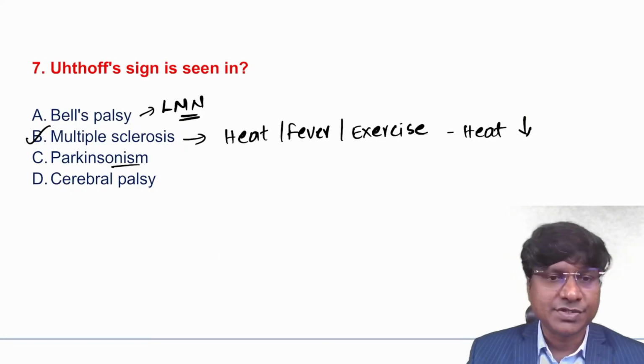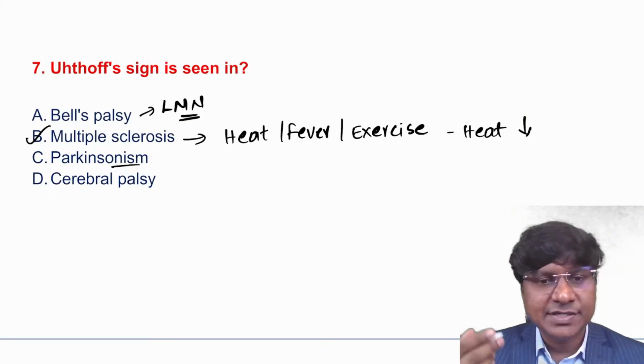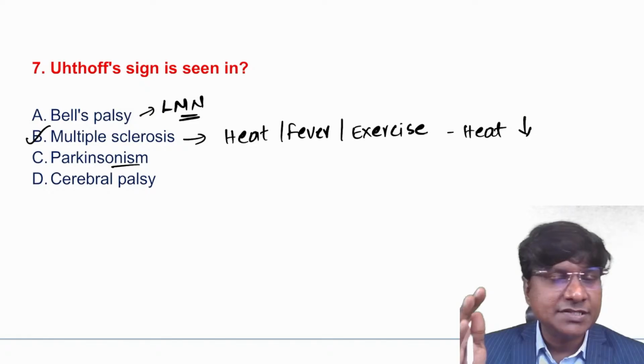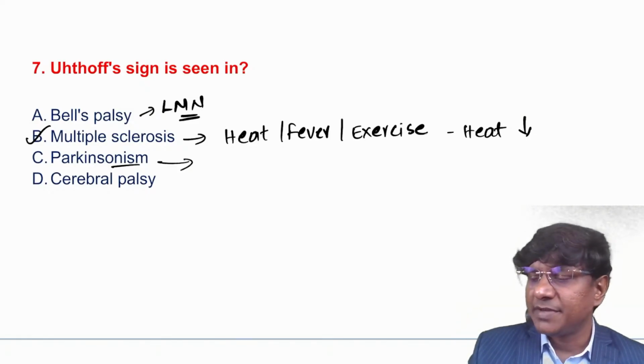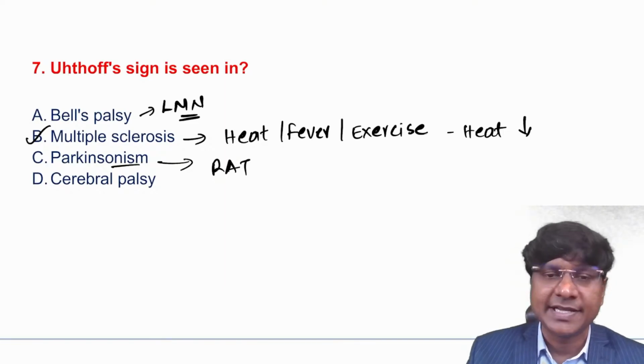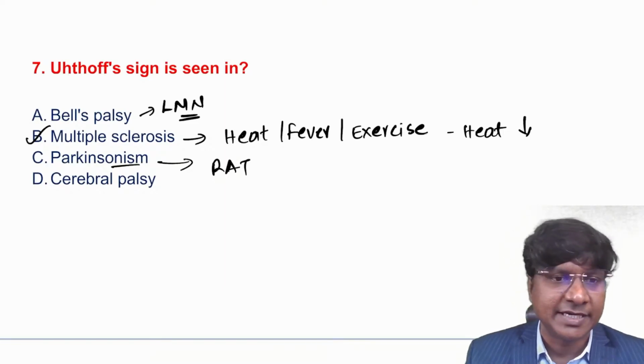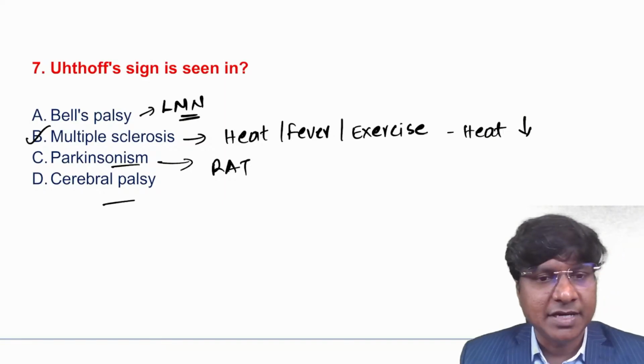And you take Parkinsonism. Parkinsonism is the disorder related to the basal ganglia. There is basal ganglia dopaminergic loss, because of which the presentation in patients with Parkinsonism will be rigidity, akinesia, tremors, and postural instability. And next, cerebral palsy.